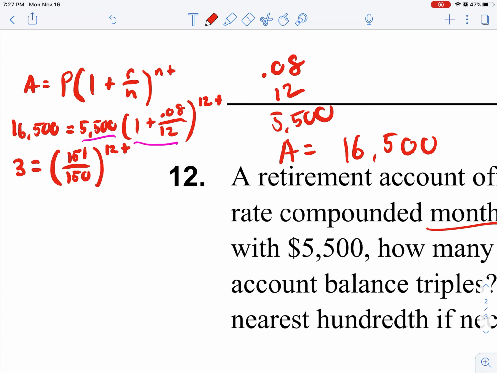So now we need to get that t by itself, or in this case, that 12t. So let's see here. How are we going to do that? So we're going to use our logarithm.